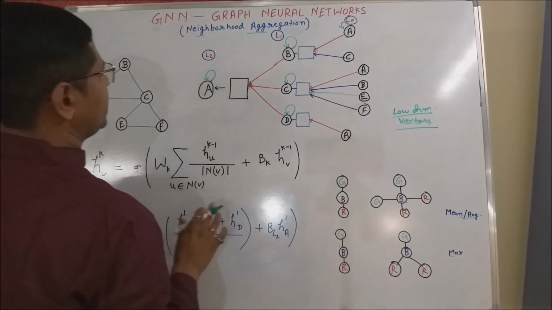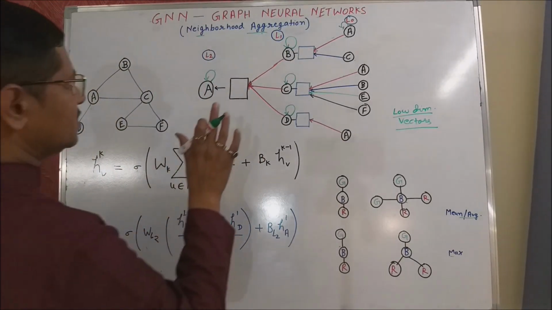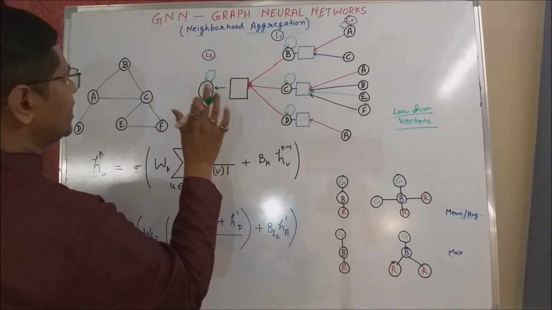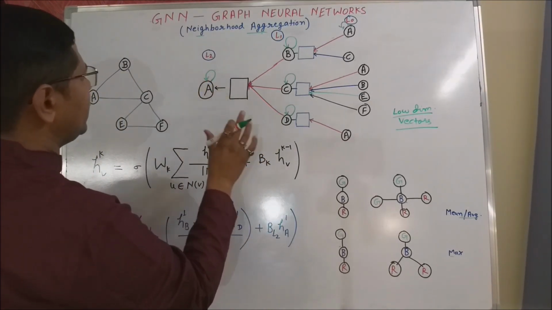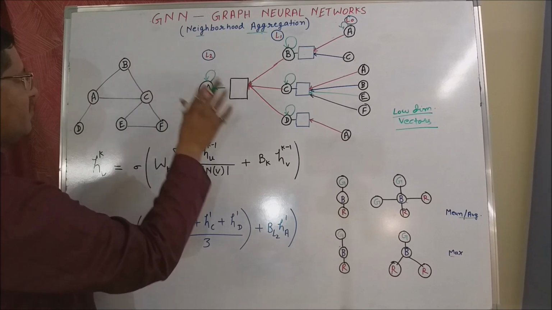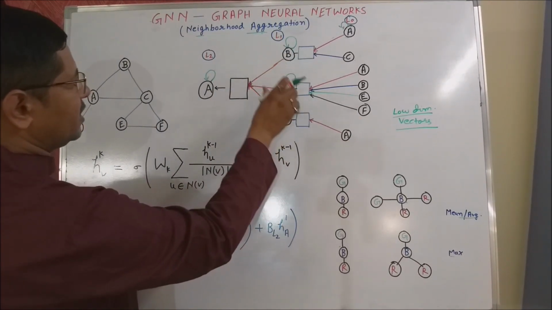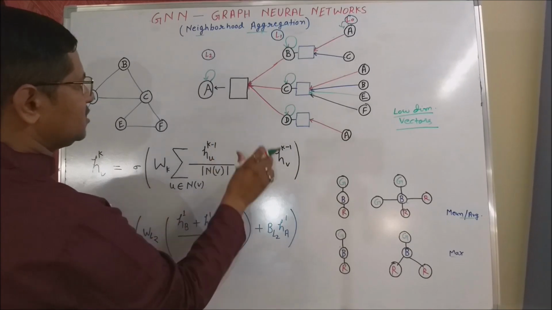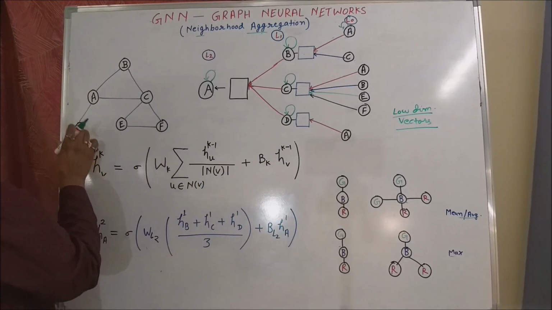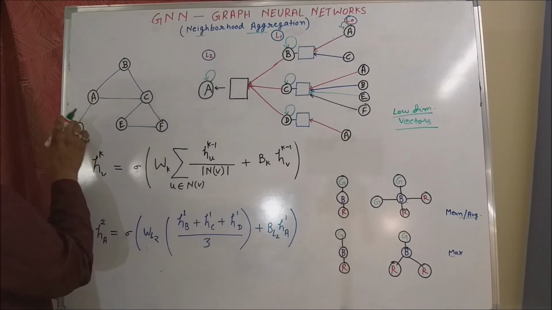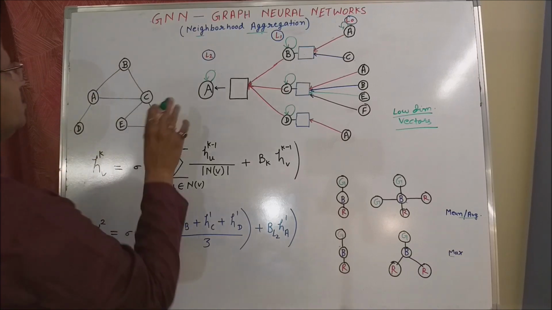In the neighborhood aggregation, the major concept is we can use the k level of nodes neighbors, and with the help of neural network and aggregation it is possible to get some encoded vectors for each of the nodes.